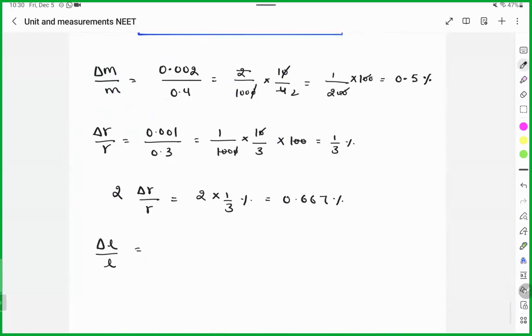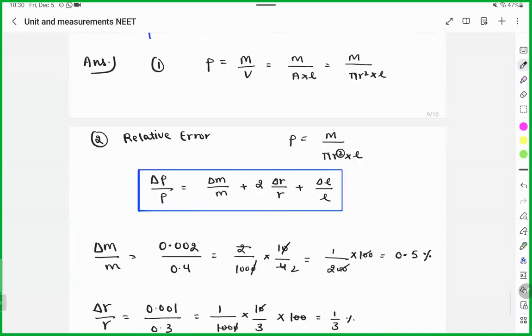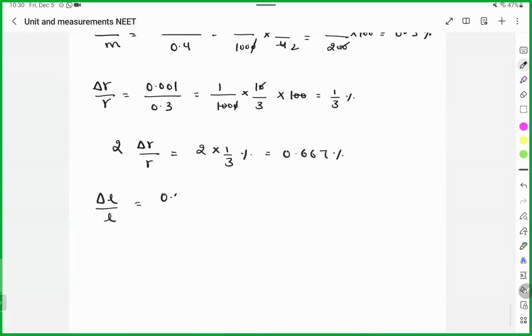And what will be the value in case of millimeter? Delta L value is 0.02 divided by 50 millimeter. Multiply by 100. What is this value? 0.4% or 0.04%?